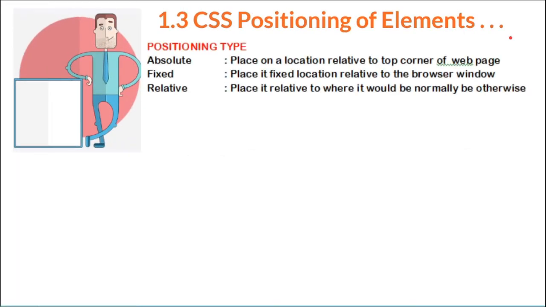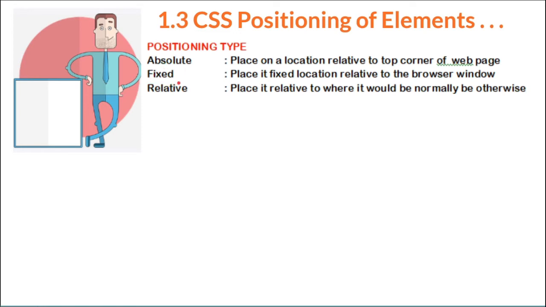Positioning types. Now, there are different kinds of position that you can apply on a web page. You can apply absolute positioning, where you place an element at a location relative to the top corner of the web page. So starting from the top left hand corner, go down X pixels, go across Y pixels.